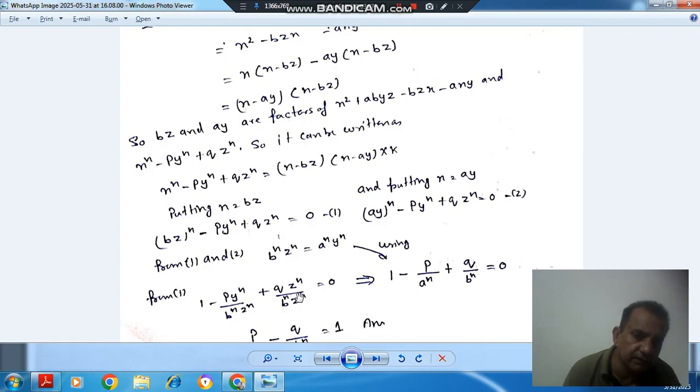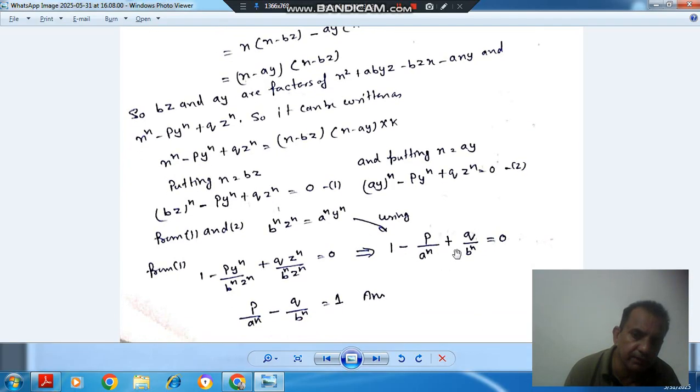So z^n will cancel out, leaving q by b^n, and b^n z^n can be written as a^n y^n, and y^n will cancel out, so it will be p by a^n. So this equation will be 1 − p/a^n + q/b^n.